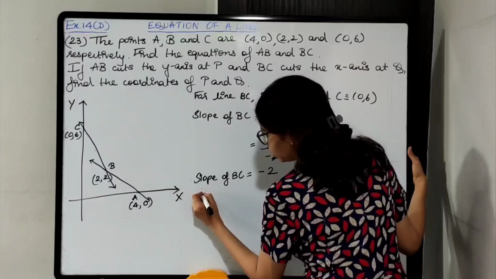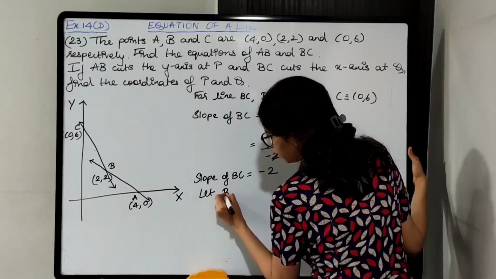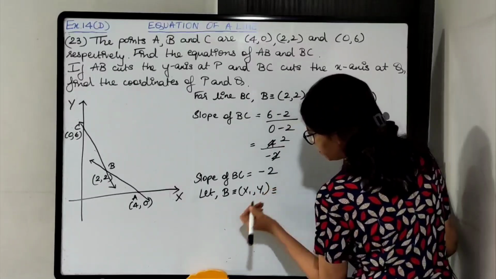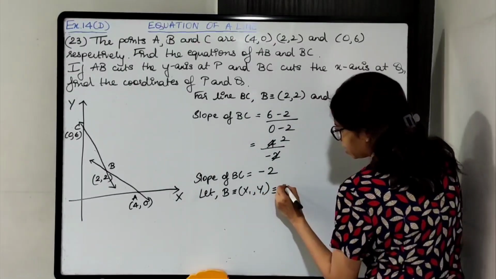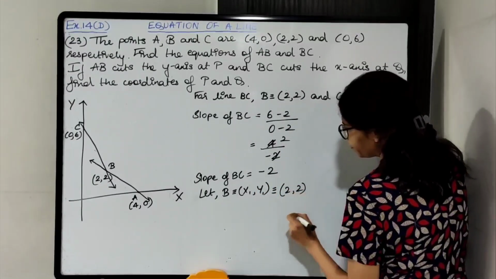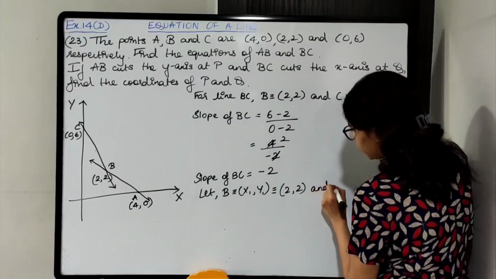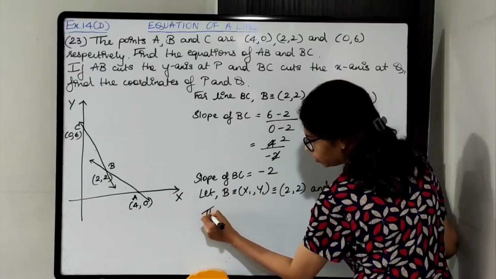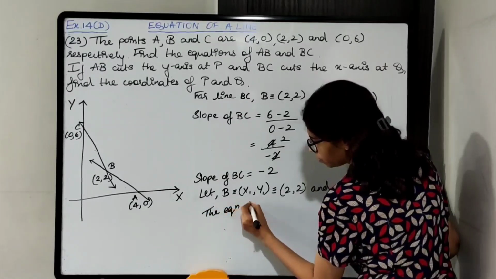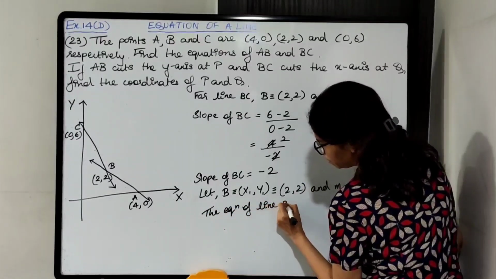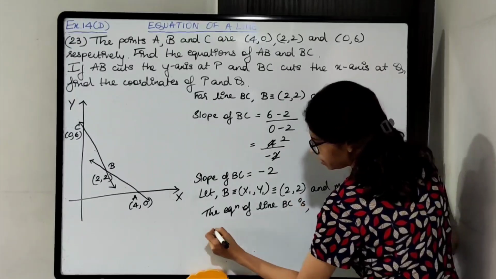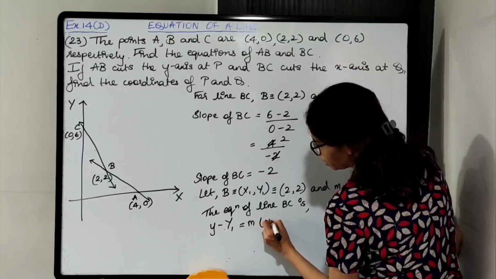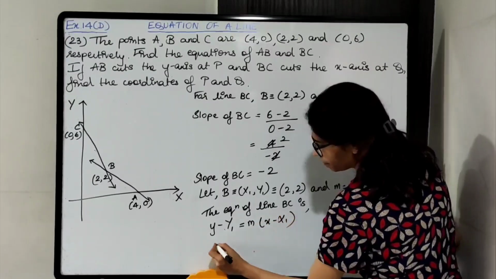So write down let B x1 y1 be 2, 2 and m we know is minus 2. So the equation of line BC is y minus y1 equals to m into x minus x1.